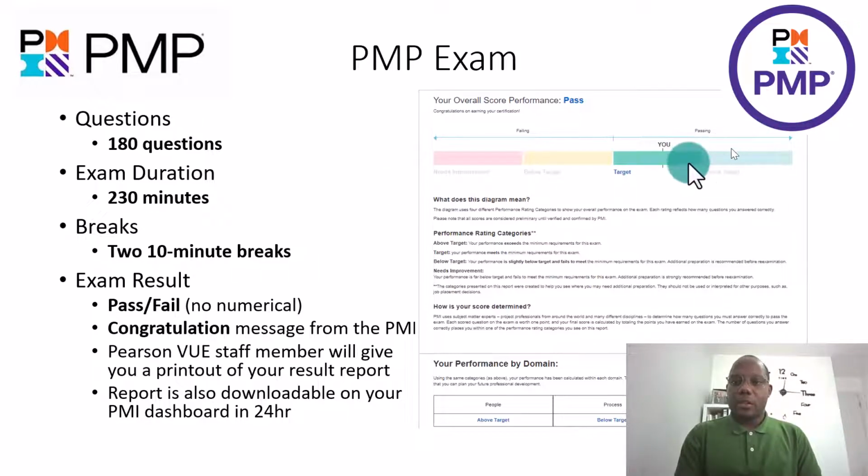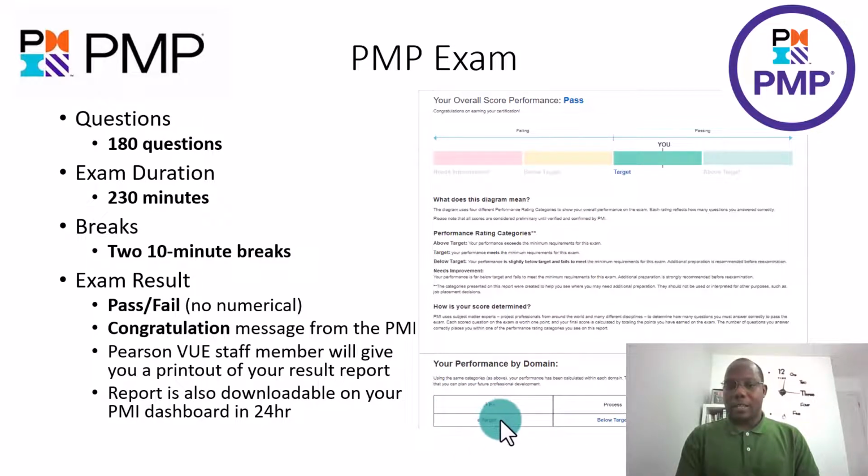You're not going to see something like 75%, 80%, and so on. You probably have heard people saying, "Oh, I got 80 across my three domains." 80 means above target, and someone who says they got T means target, and so on. You also see your performance across the three domains.